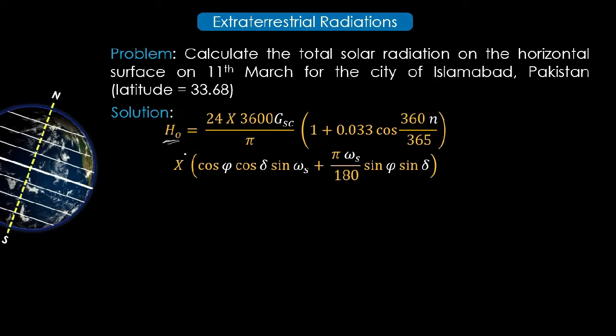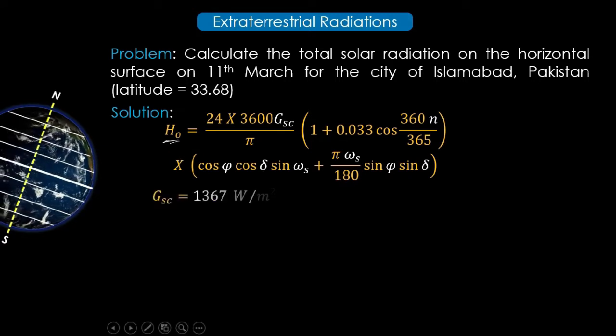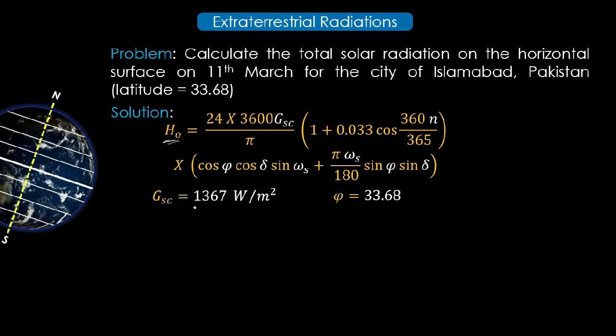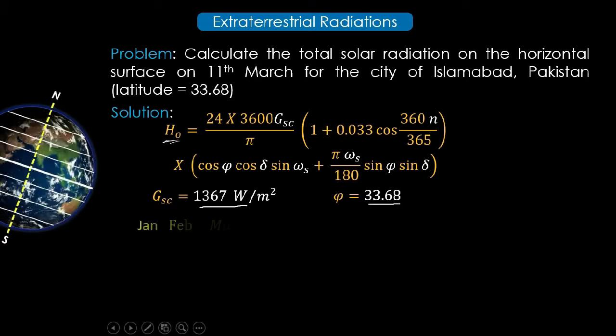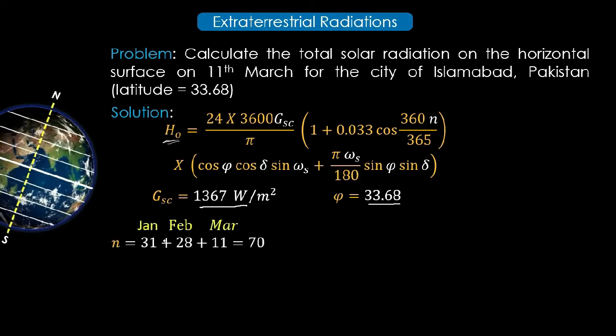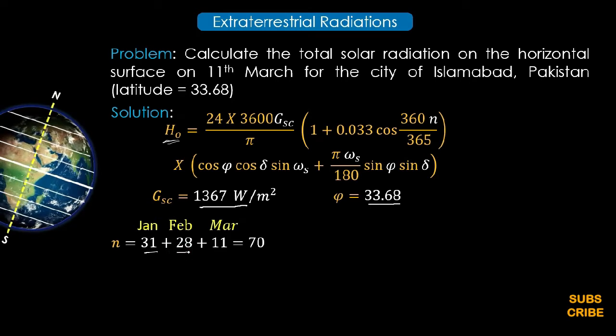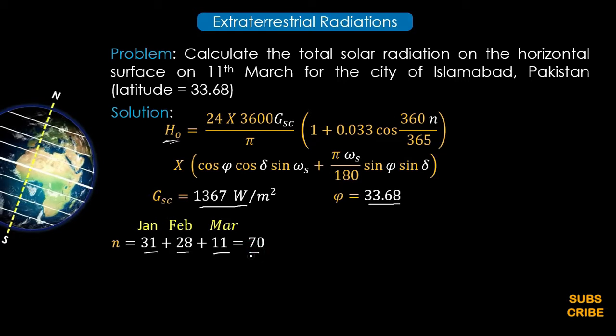We have the known values: the solar constant, 1367 watt per meter square, and the latitude of the location, 33.68. To calculate N, starting from January, we have 31 days in January plus 28 days in February plus 11 days for March. So N for 11th March is 70.